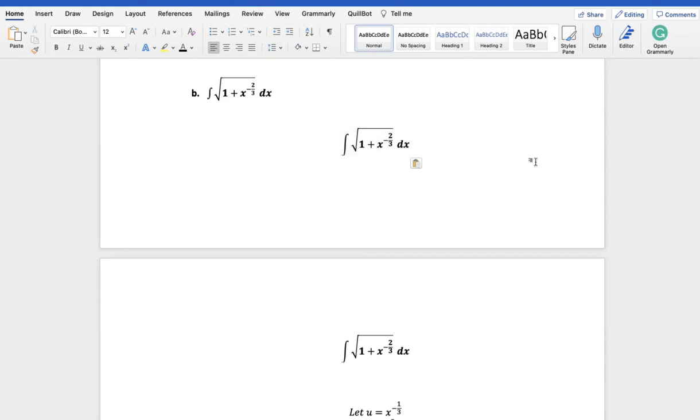Well, we have the integral of the square root of 1 plus x to the negative 2 over 3, right?